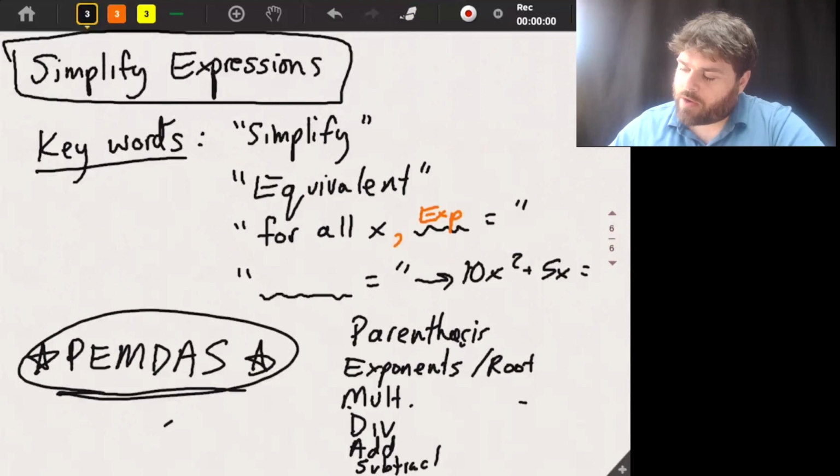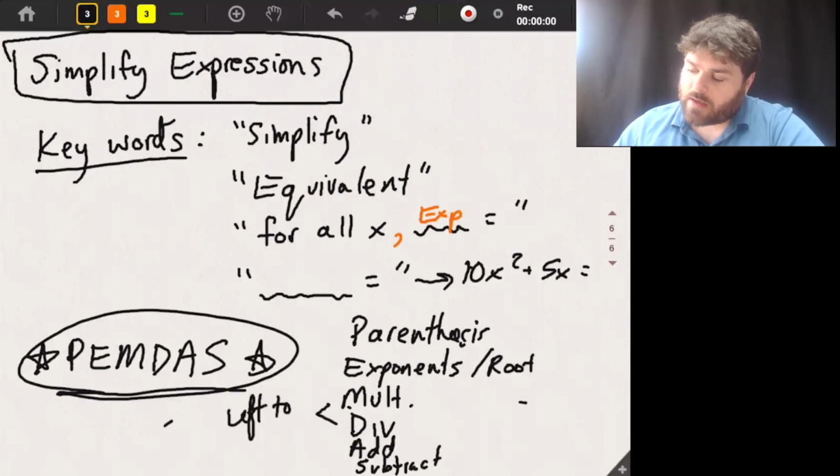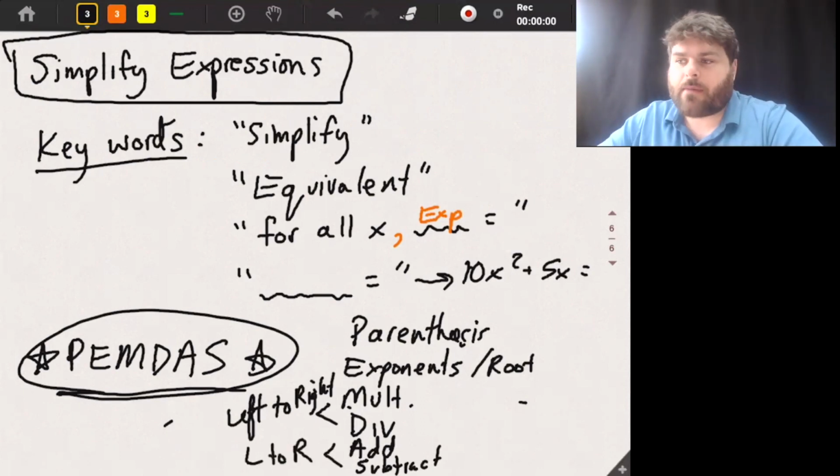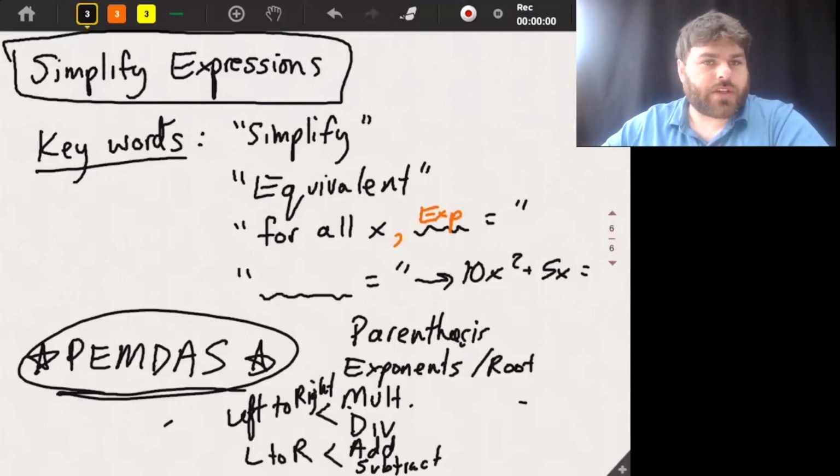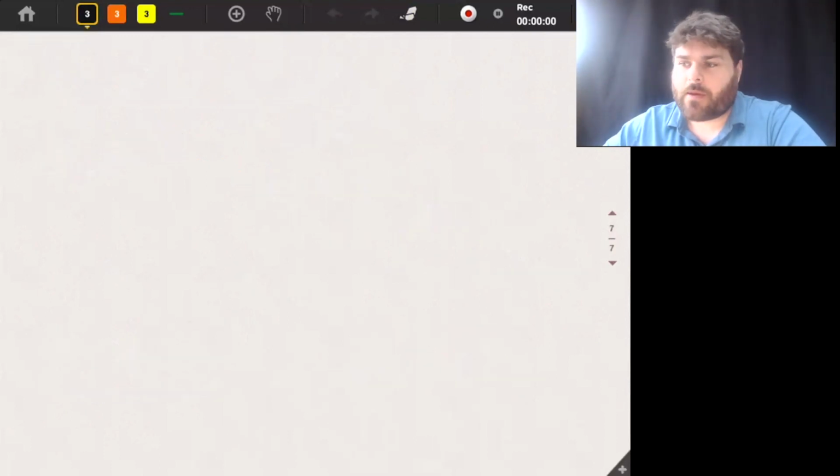Now, don't forget, with multiplication and division, you have to do them from left to right. If you do them backwards, it won't work. You always got to read it from left to right. Same thing with addition and subtraction. And we'll look at an example where we might use that in just a second. Very, very important that you remember when we're in expressions, we're dealing with PEMDAS at all times. You got to follow those rules of PEMDAS.